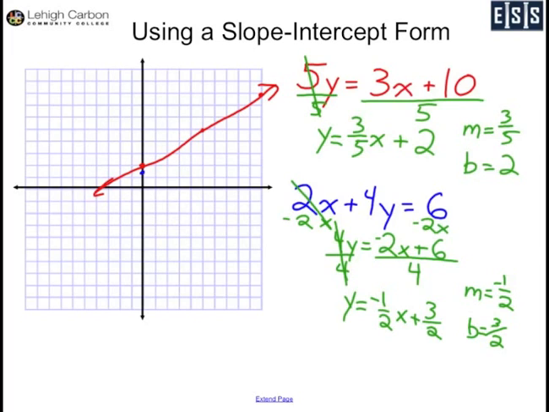Since it's a half, I can estimate that fairly well. My slope says fall 1, run 2. So I'm going to fall down 1 and run 2. Fall 1, run 2. And there's my points and my graph.